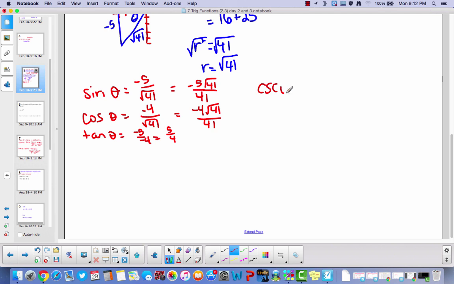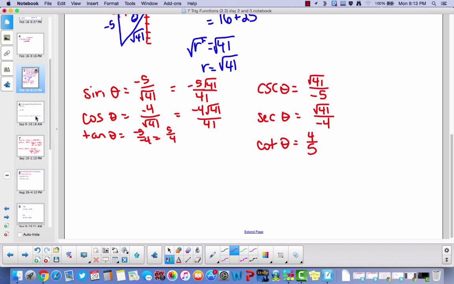Cosecant, again, is the reciprocal of sine. So it is the square root of 41 over negative 5. Secant of theta is the reciprocal of cosine, so it is the square root of 41 over negative 4. And cotangent we were already given, so cotangent of theta is 4/5. Those are our 6 trig functions.